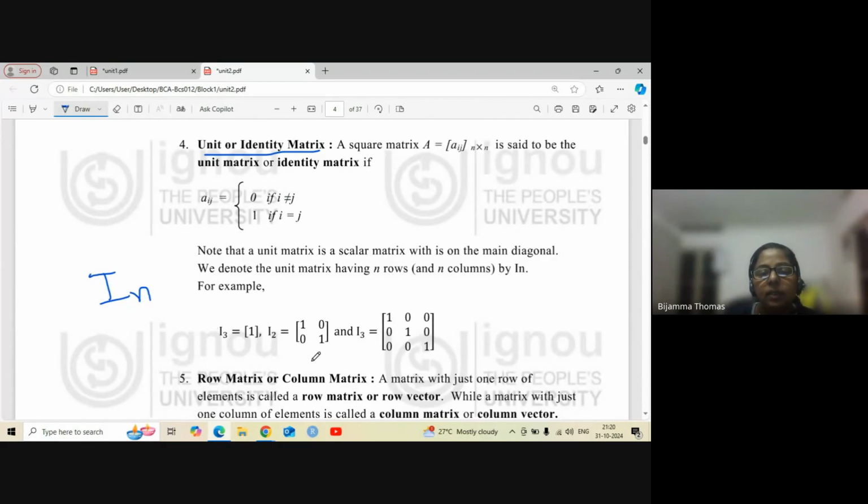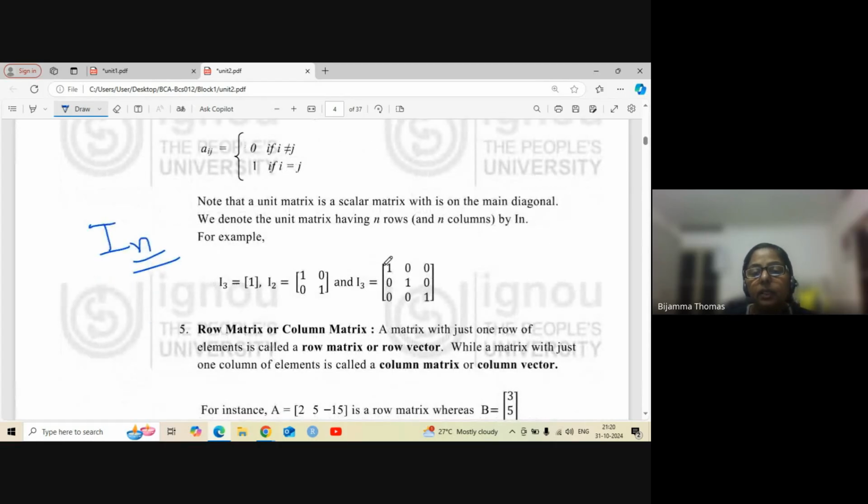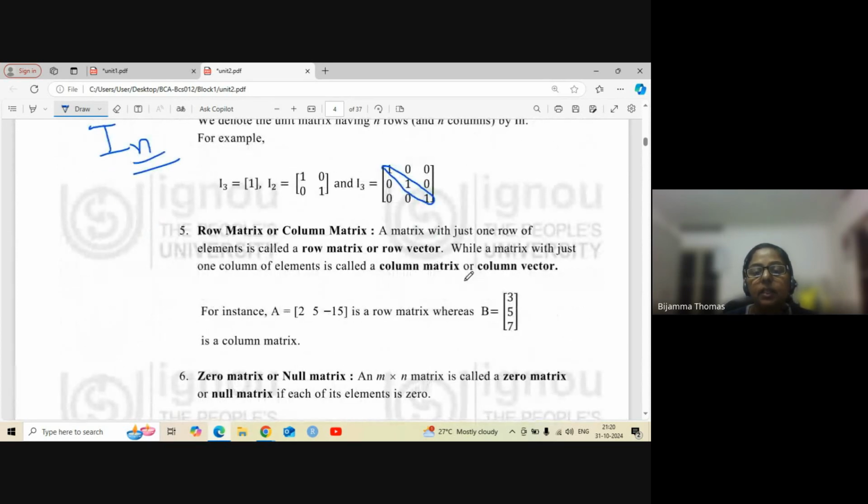It has the number of rows and columns equal, so it is denoted by In, where n is the number of rows or columns. They are equal and the diagonal elements are unity. Is it clear?